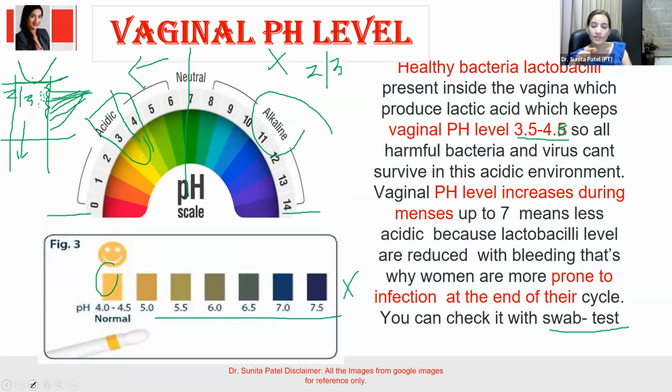Okay, I want to ask one question here. Have you ever heard about vaginal washes? V-wash, vaginal wash, something you are using? Yes. So what is written on those washes? That the wash is going to maintain the pH level of your vagina.